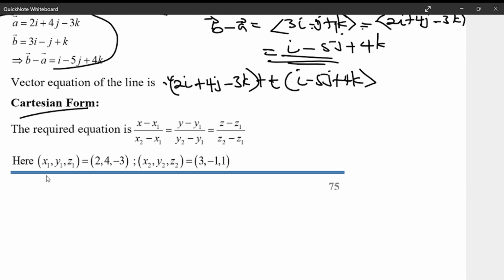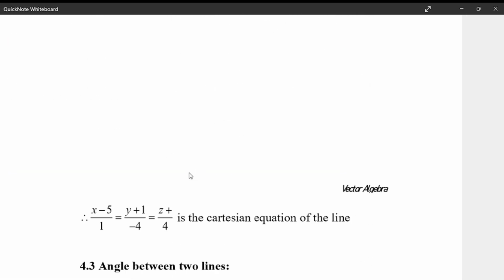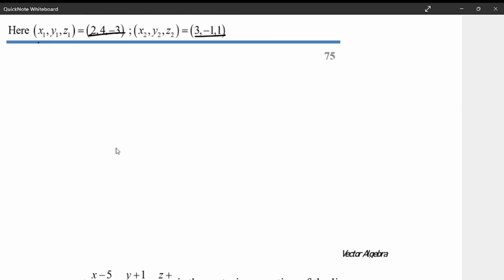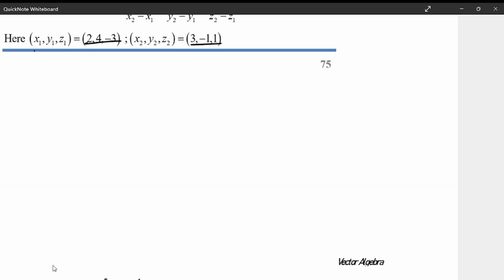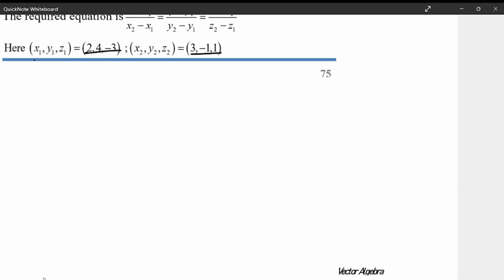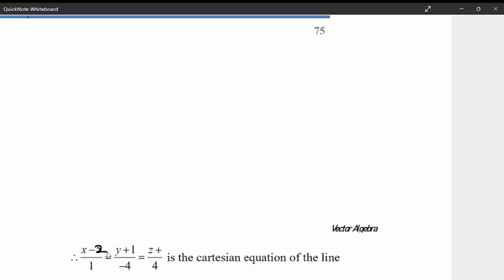So we know our x1, y1 is equal to this, and then x2, y2 is equal to the second coordinates of the point. So when we make the substitution, x minus x1, where x1 is 2, so here is supposed to be 2.